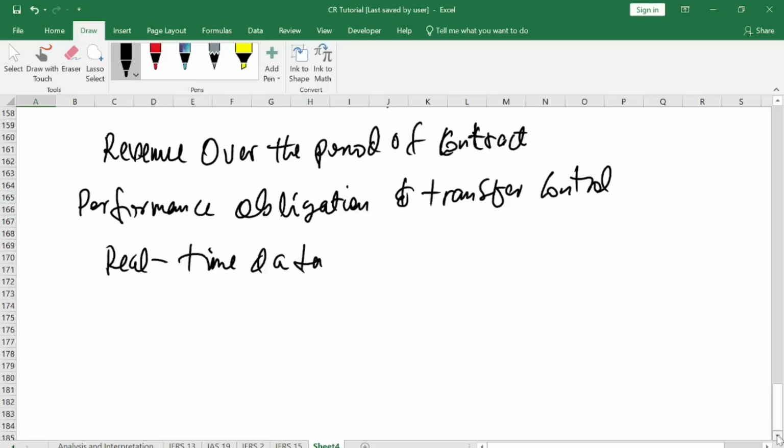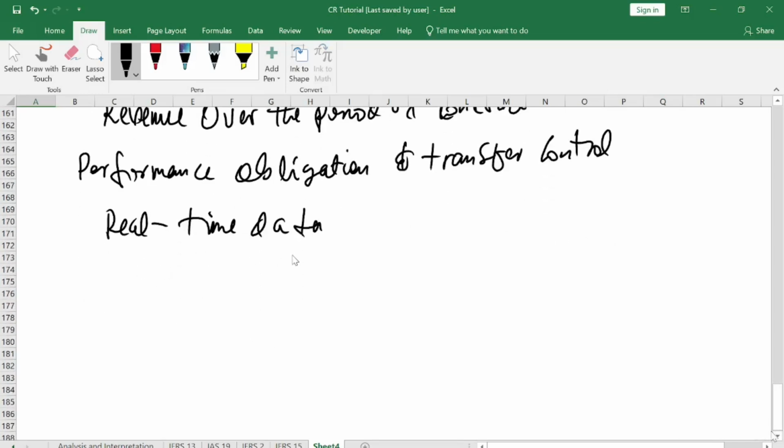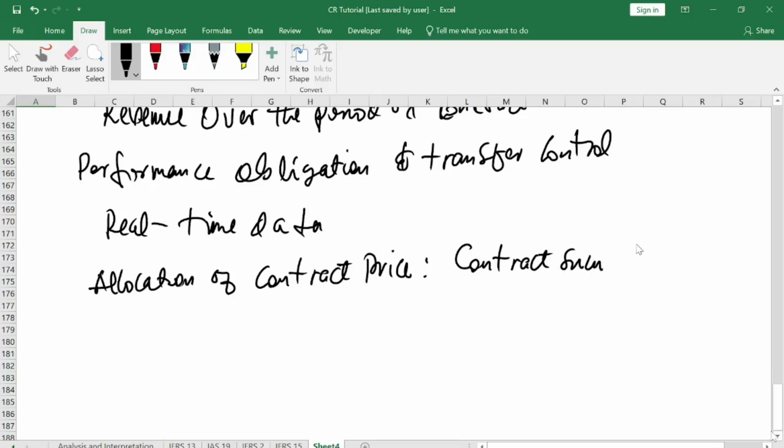How did they report or record revenue? So all they have to do is come here, then we will say allocation of contract price. So how do you allocate it? The total contract sum is 3.6 million, so let me have 3,600.